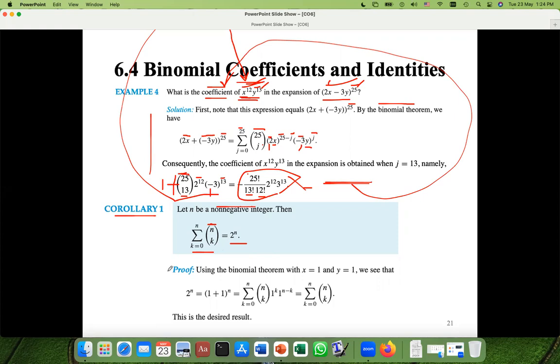Now we have a little proof for that. We want to prove this corollary. How can we prove it? Either we can start from the left hand side, and after using some existing rules, reach the right hand side, then we can say it is proved.